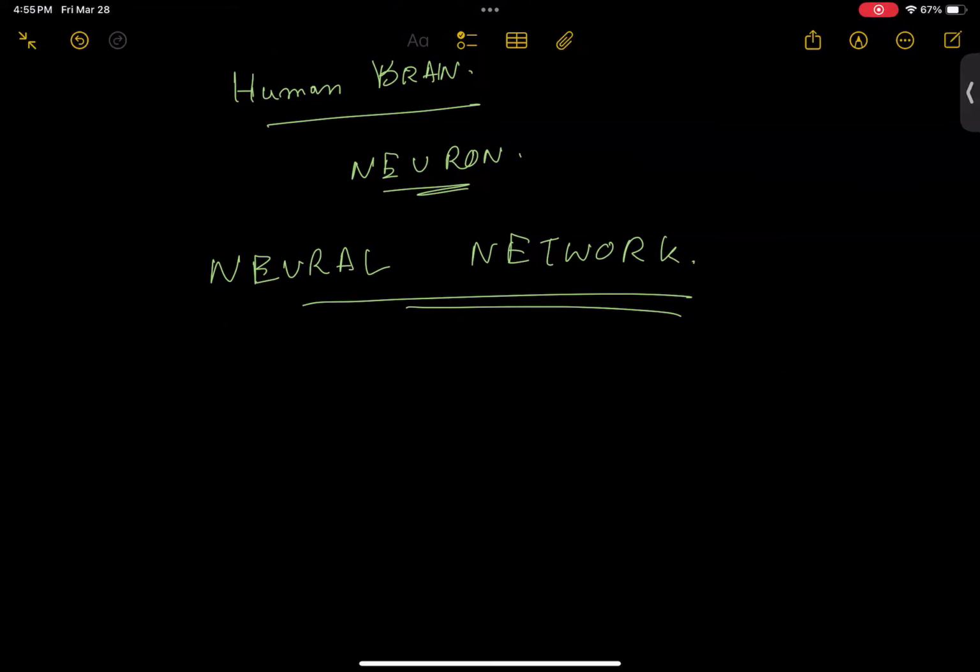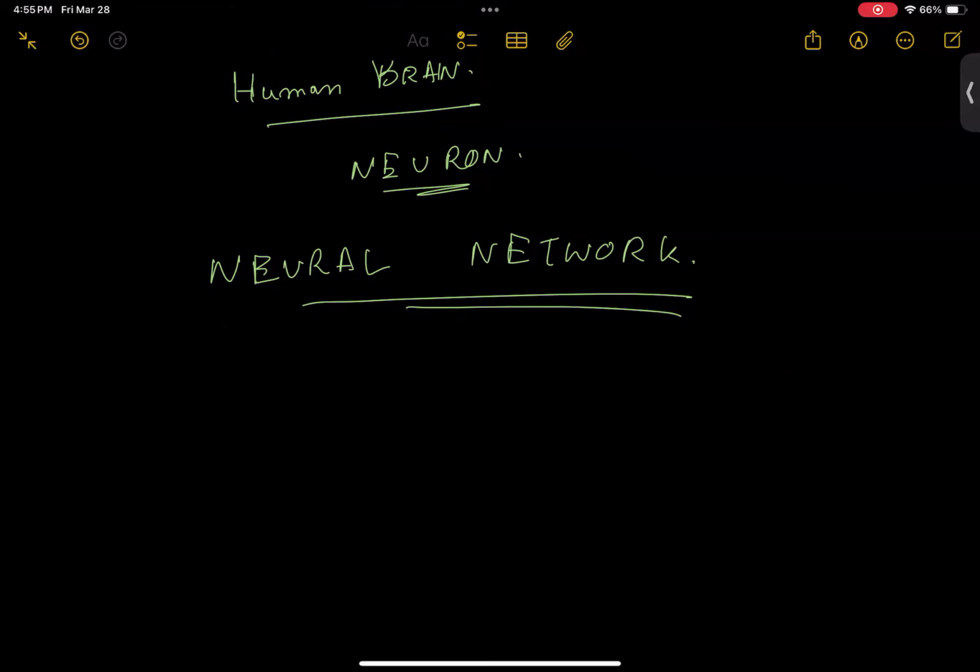The reason I brought up this topic is that a neural network has a way to propagate data from one layer to another, like the way we transmit information from one neuron to another.